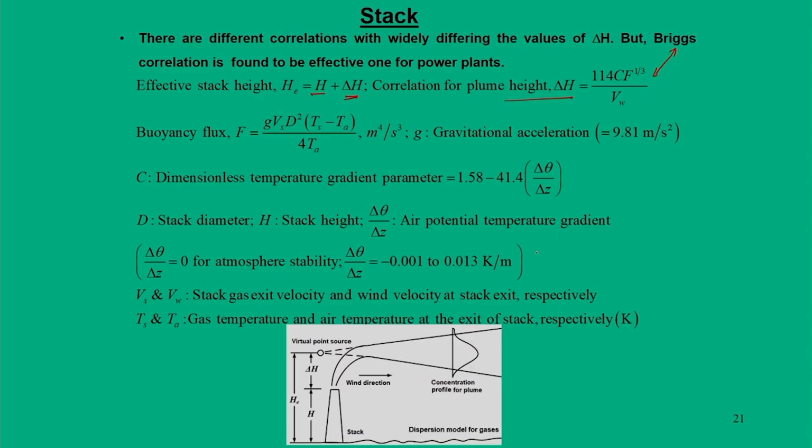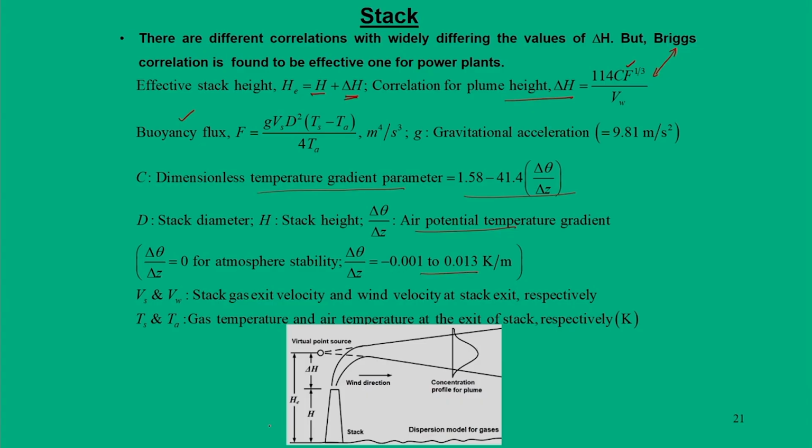Now, the terms associated with this: the first term is F, which is the buoyancy flux, expressed as g Vs d square (Ts minus Ta) divided by 4Ta. The second term is a dimensionless temperature gradient, expressed in the form 1.58 minus 41.4 delta theta by delta z, which is the air potential temperature gradient, and this value ranges from minus 0.001 to 0.013.